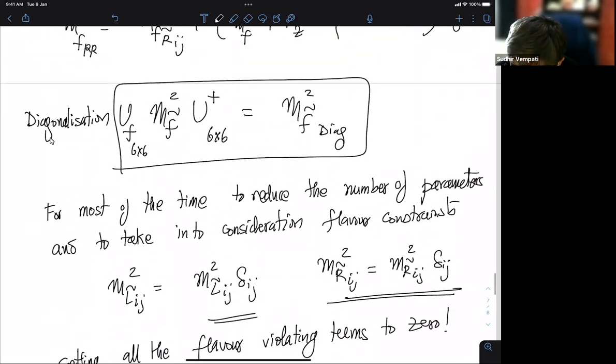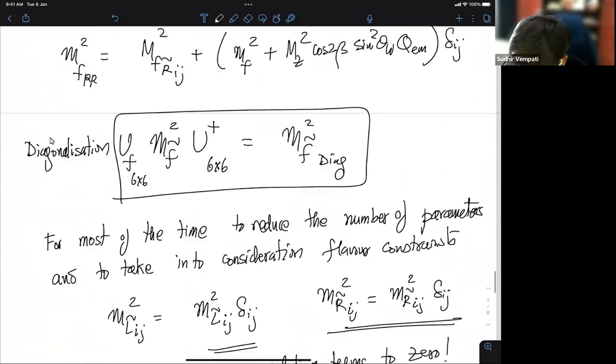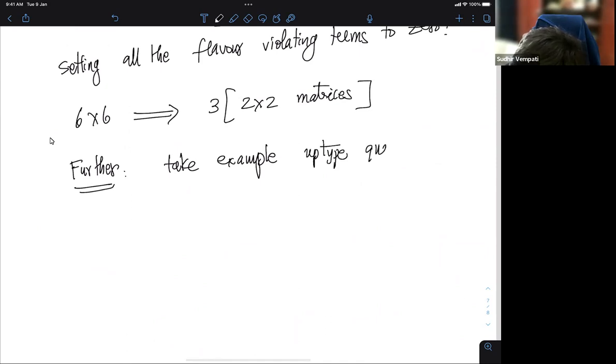What happens is that because these are 2x2 matrices, let's just see what these are essentially. Let me do an example: the up-type quark mass matrix.